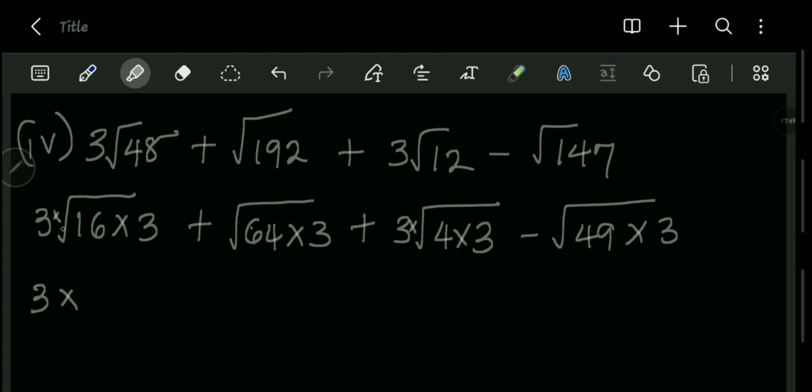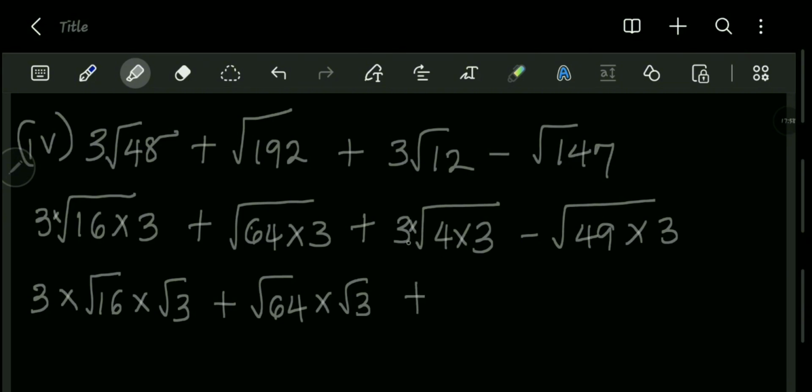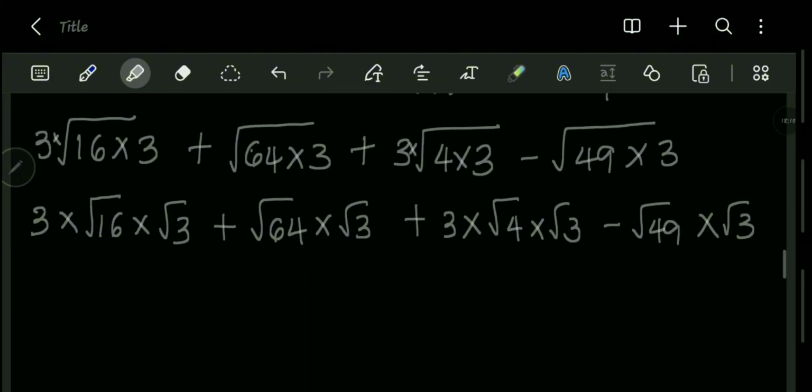So 3 times the square root of 16 times surd 3. I just separated these two. Then plus this one, square root of 64 times surd 3. Then plus the 3 outside multiplied by square root of 4 times surd 3. Then minus square root of 49 times surd 3. I just separated each of them.